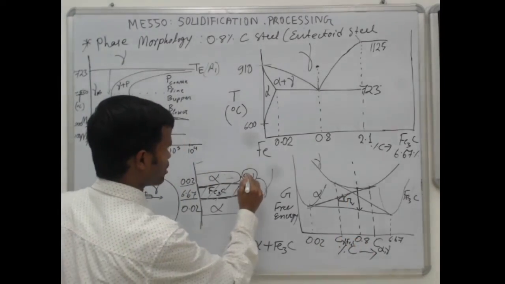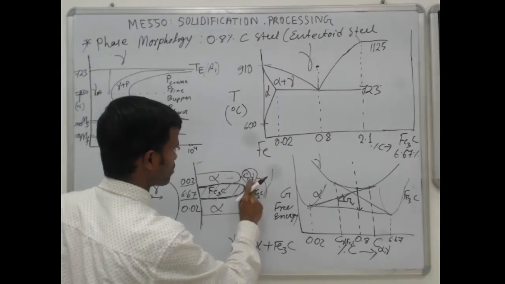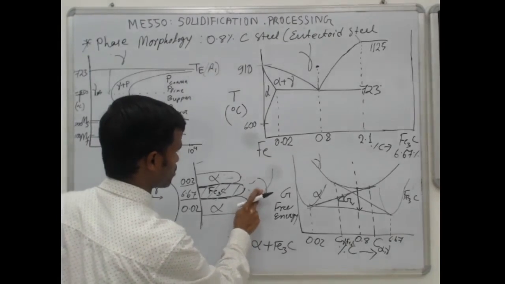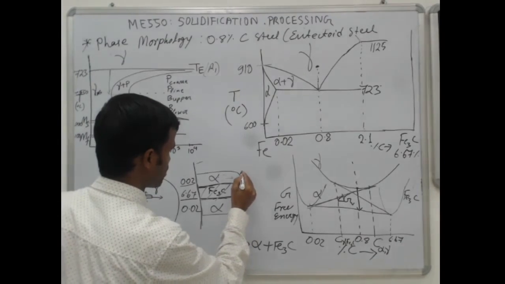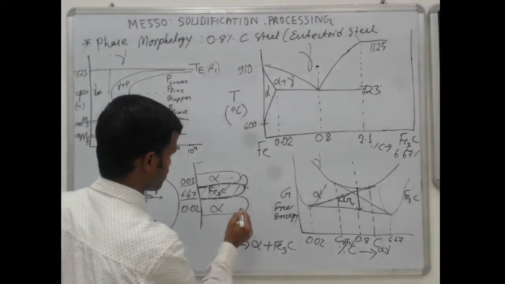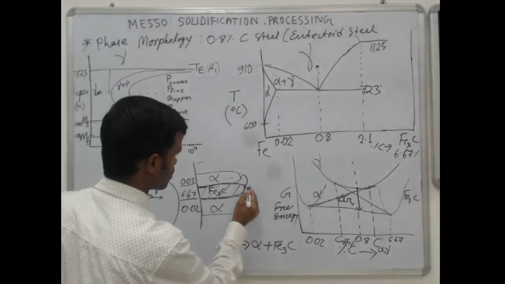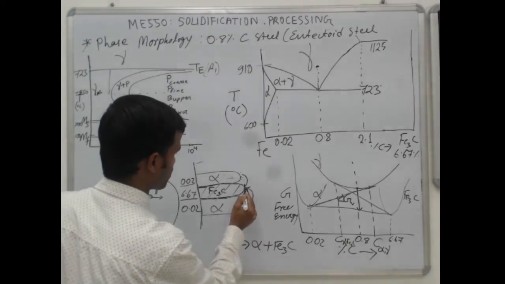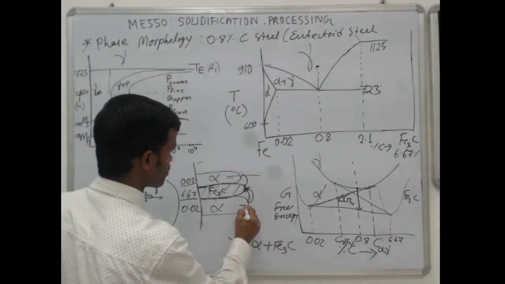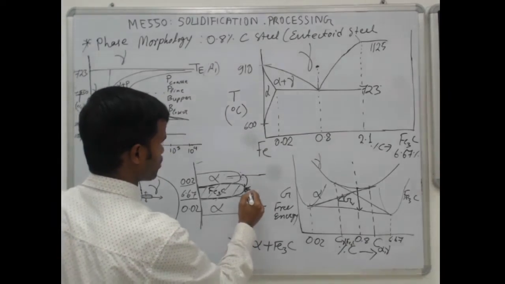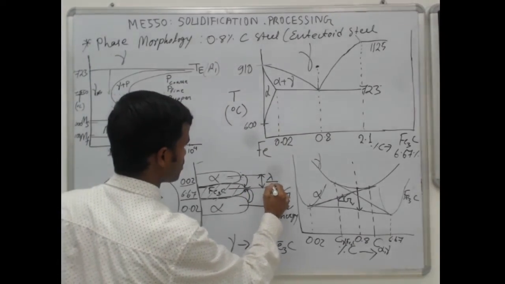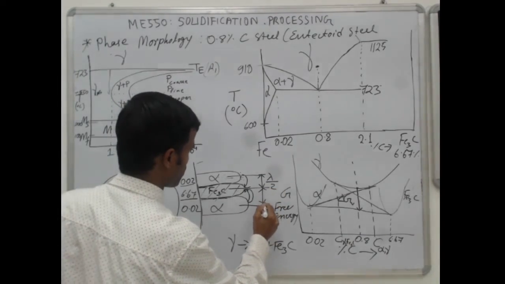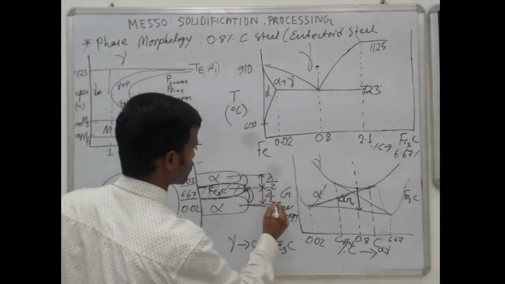That means the carbon atoms will try to jump from this side as well as from this side. The concentration gradient will depend on the half thickness, lambda by 2, the interlamellar spacing.